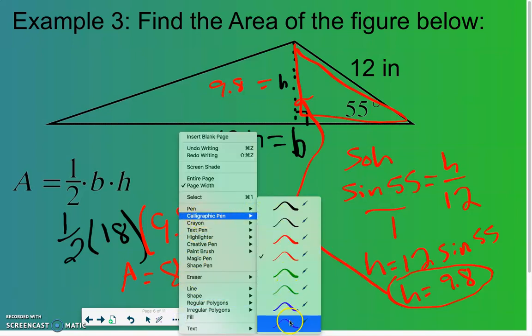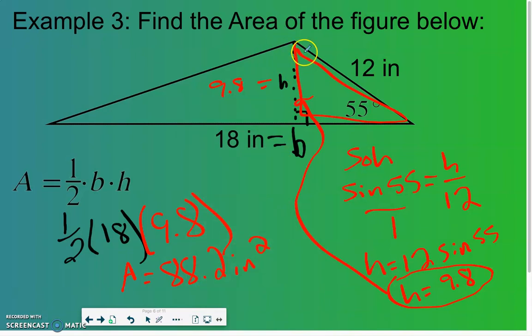Just a couple of things to point out here. We should be feeling pretty good about these area formulas, just a matter of finding out what we need, and now we can just use the values they're given. If you didn't want to use this 55 and you made a different triangle, if this is 55, we also know that this is 35 up here because the angles of a triangle have to add up to 180 degrees.